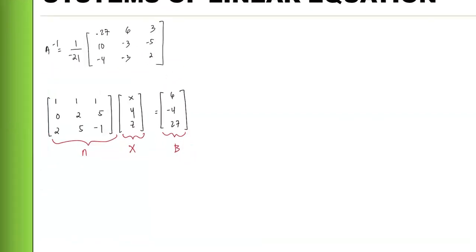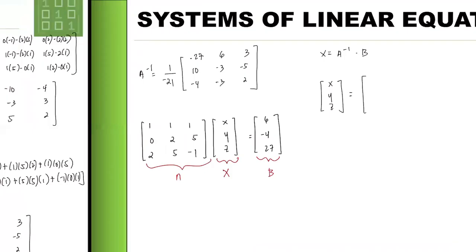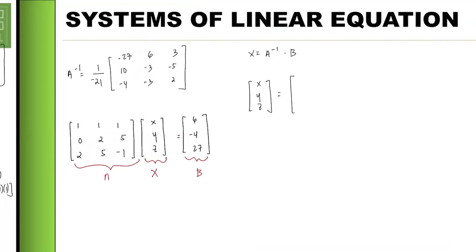Okay, so gawin natin is yung ating solution na x is equals to A negative 1 times b. So substitute natin yung values. So we have x, y, and z is equals to, so multiply ko na yung determinant dito sa loob, no? Ipasok ko na. That is negative 27. Okay. So negative negative yun.